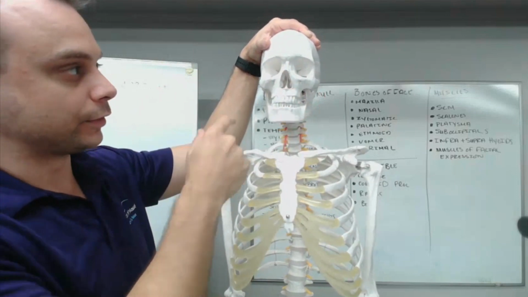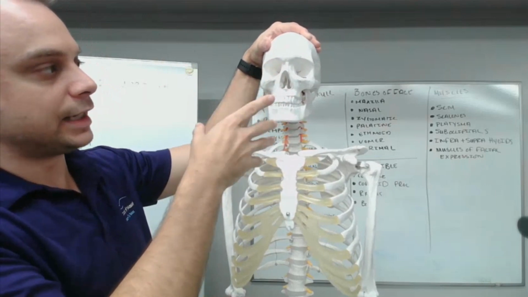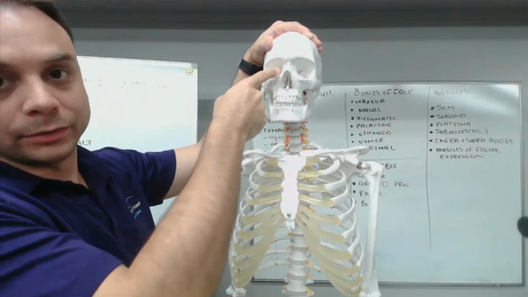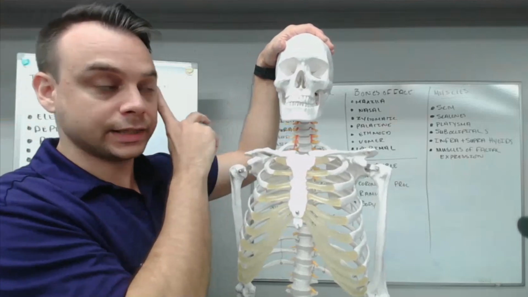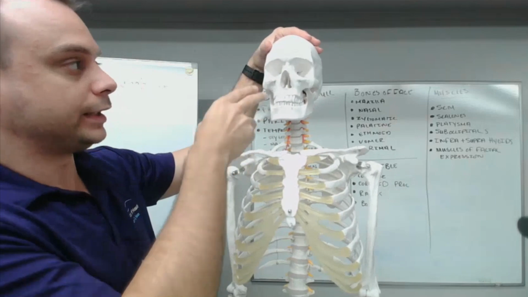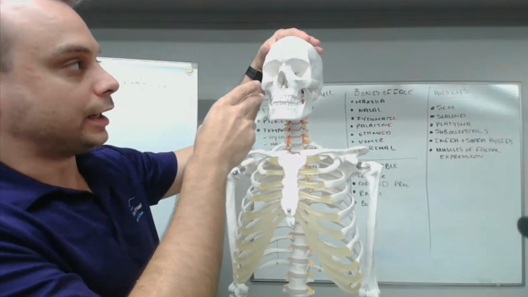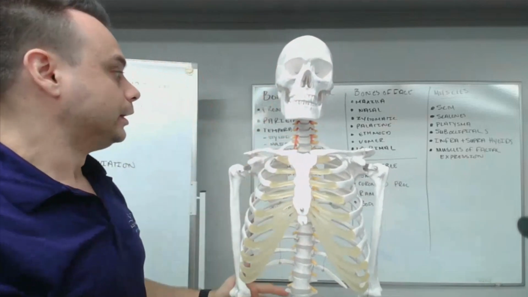Inside the eye socket here, we also have the lacrimal, which is kind of like the tear duct, as we often refer to it. And then several bones, namely the sphenoid and the ethmoid and part of the frontal bone, make the actual eye socket or orbit itself.